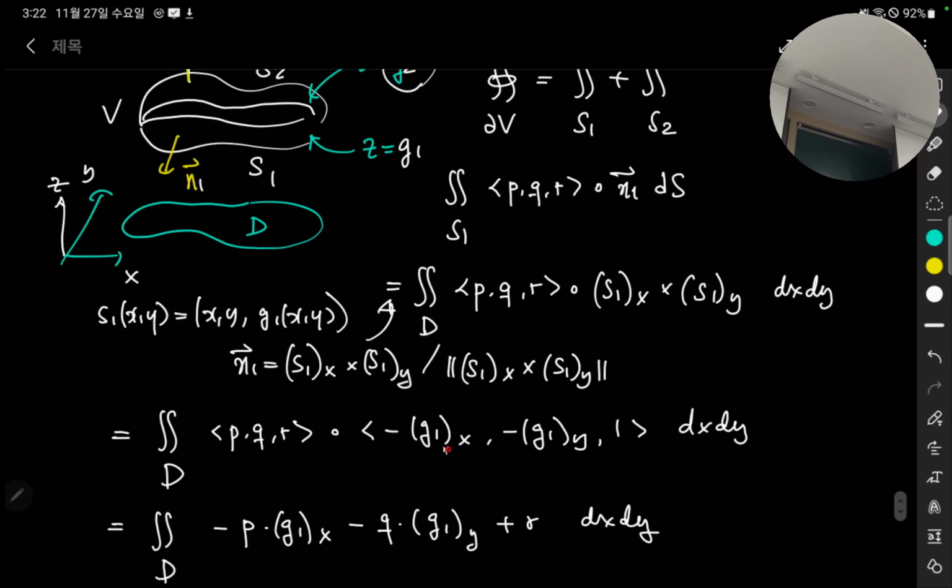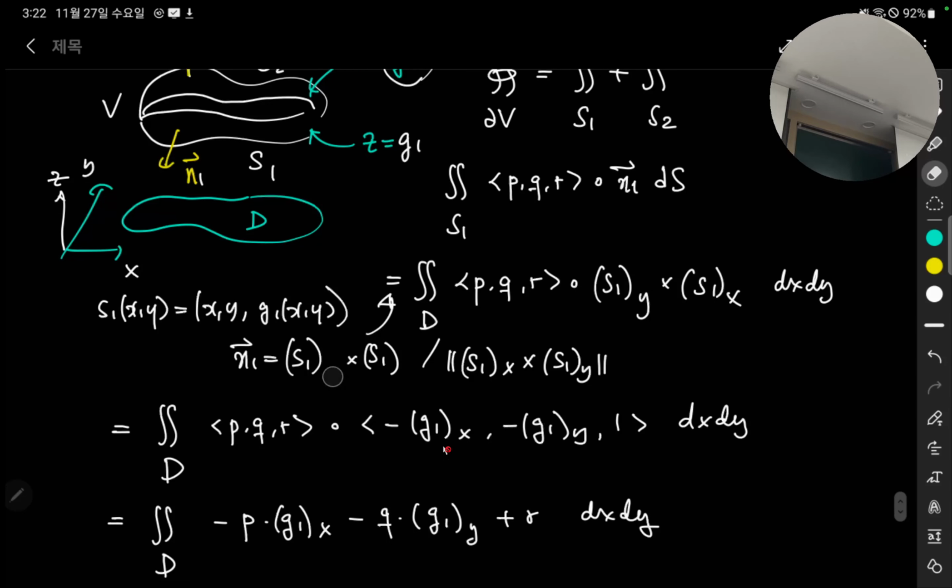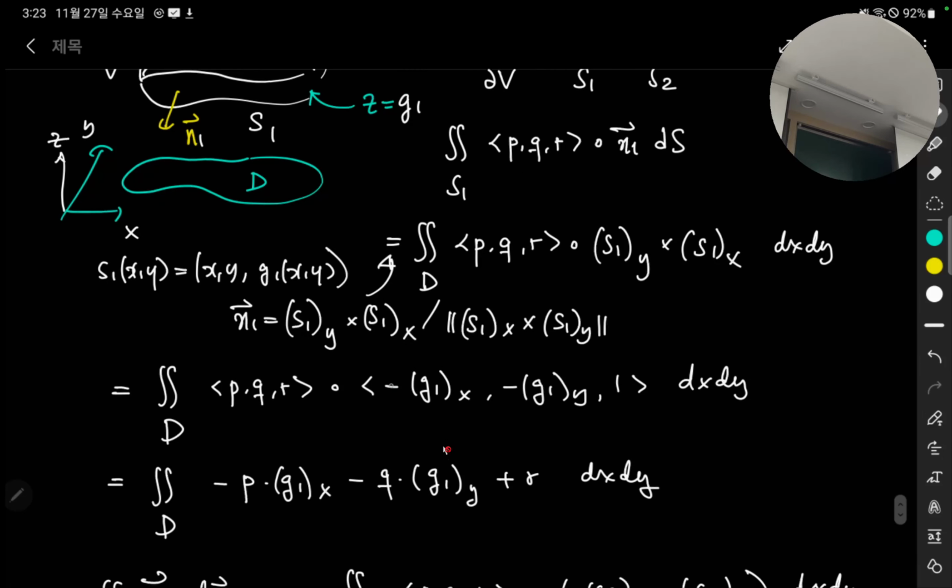I'm integrating over S2, right? I think it's better to change the other way around. So let's say S1 first. So now I have to reverse the order here, so y and x, because N1 is now pointing downward. So it's plus plus minus, and plus plus minus here.